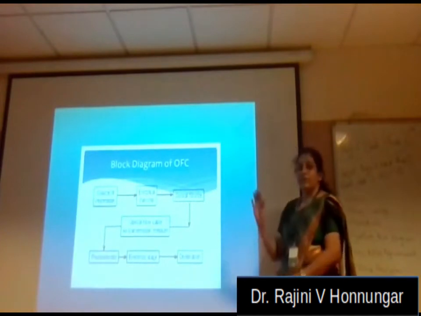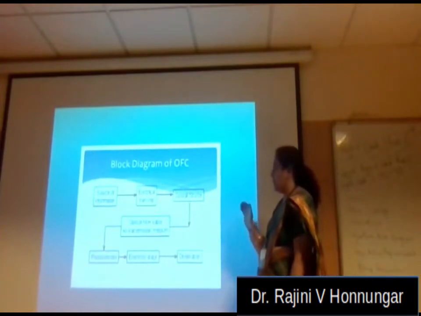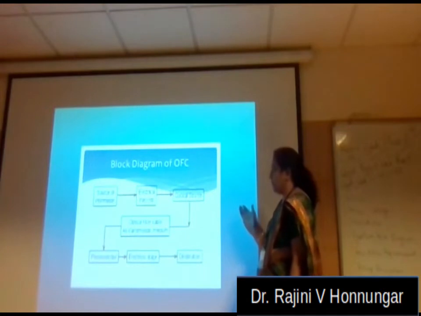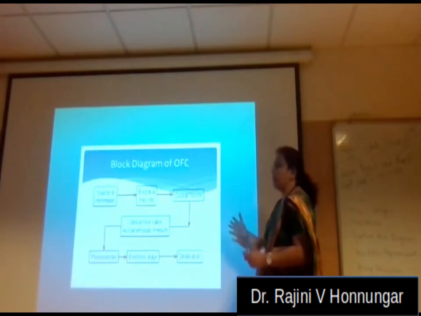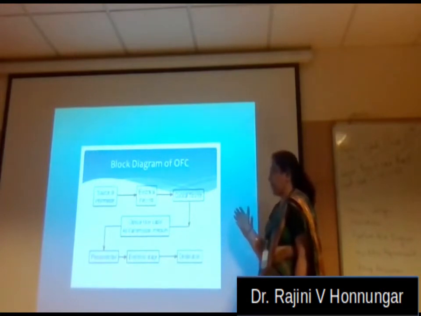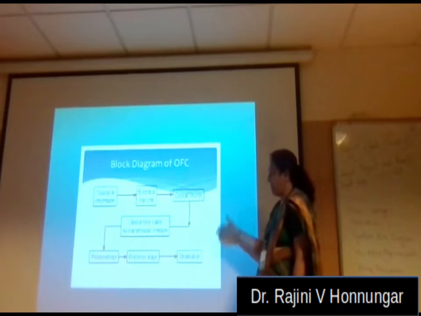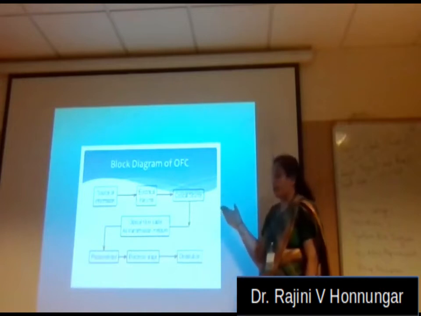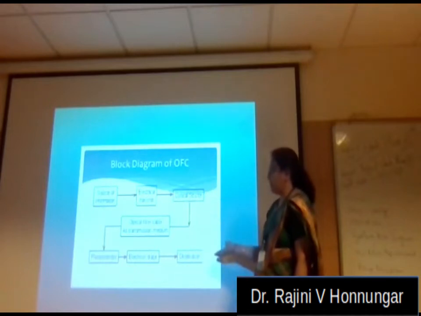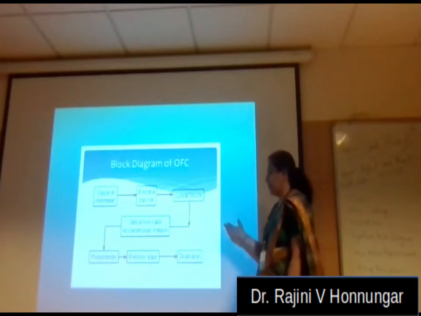Now, optical fiber communication is the most common type of communication in which light propagation takes place, and there are a lot of benefits. We will go through why OFC is preferred over other types of communication.